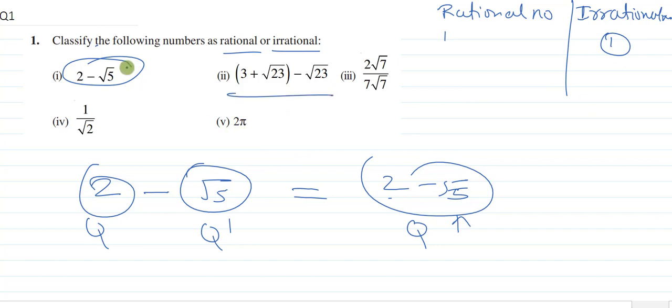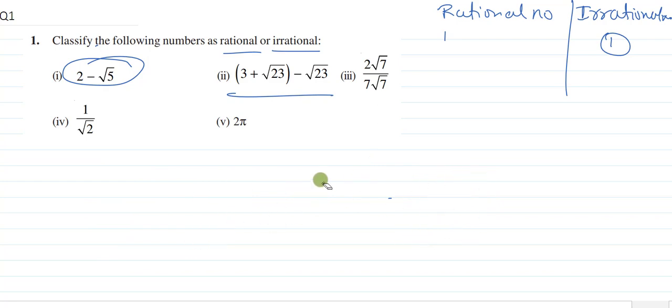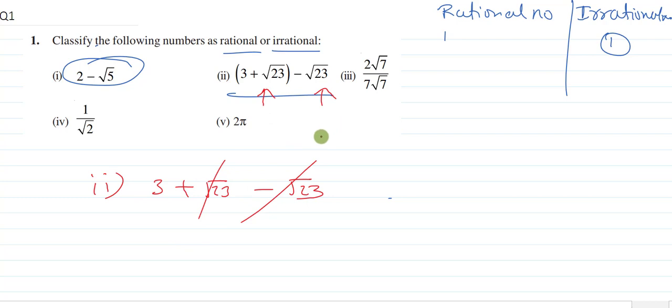So the first question is of the irrational category, right? Now check the second one. If we solve it, what will I get for the second one? 3 plus root 23 minus root 23, right? This will get cancelled. This is an irrational number, this is also an irrational number, but their subtraction may or may not be a rational number.